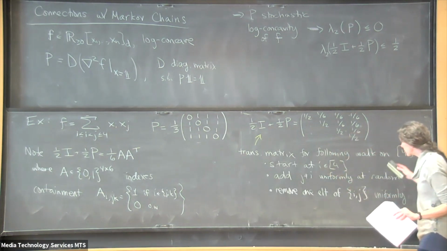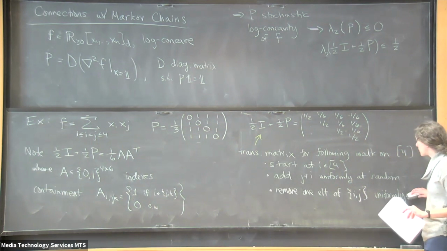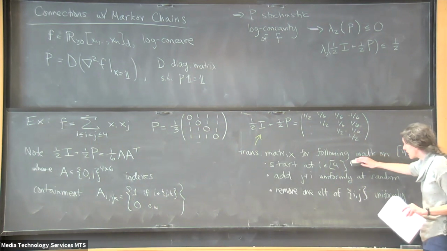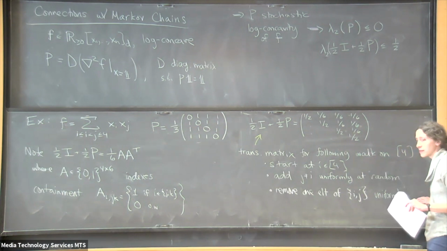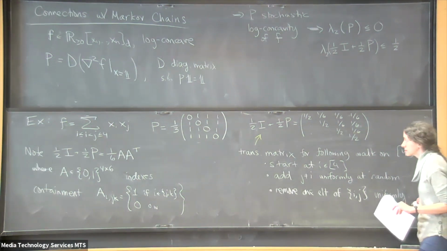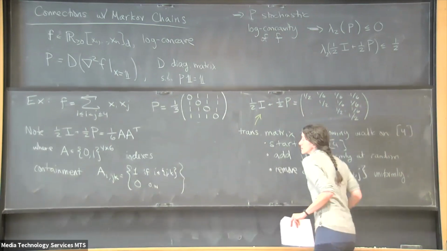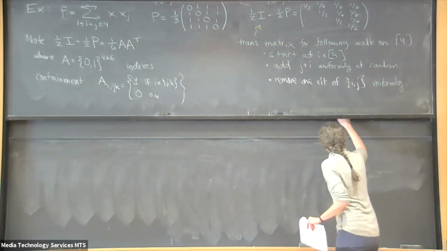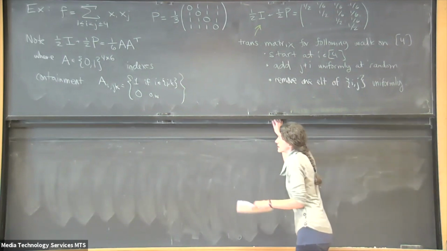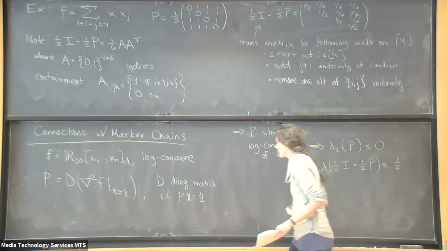So I can really think of this as 2 steps of a process where if I emit a singleton, then I add, and if I emit a set of size 2, then I remove 1. So this shows that this matrix, half I plus half P, is positive semi-definite.